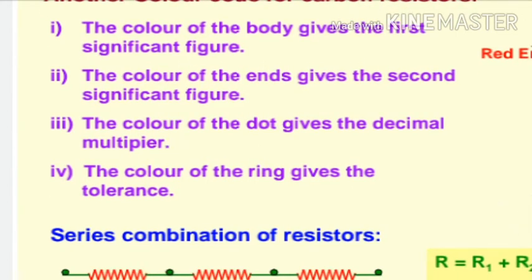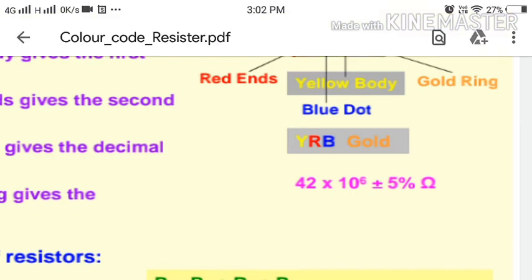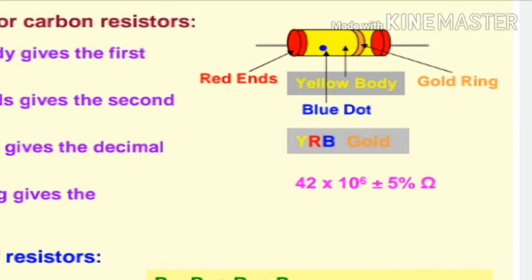Let us see. Here the color of the body is yellow, so yellow is the first digit, that is the tens place, the color of the end is the second digit, that is red, the color of the dot is blue, and the color of the strip is gold.